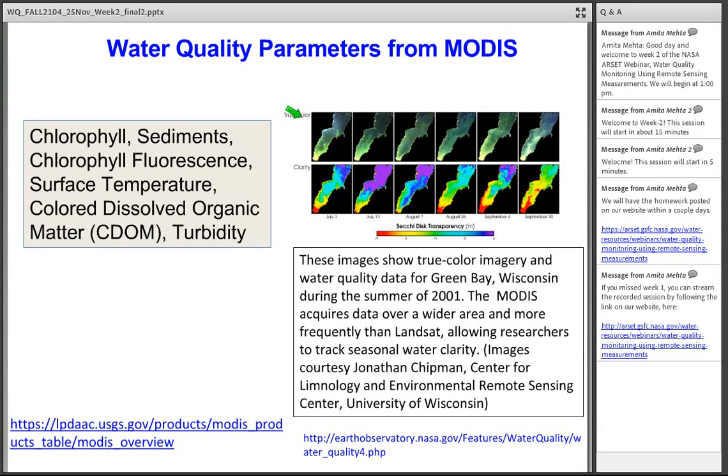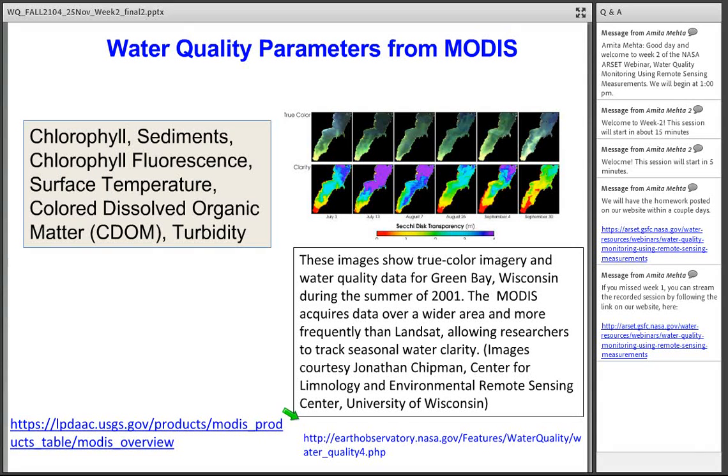These are all true color images, with dates from July to September, so it shows a seasonal cycle. From these true color images, Secchi disk transparency is measured in meters, and clearly the variation in this transparency can be seen as the season progresses.